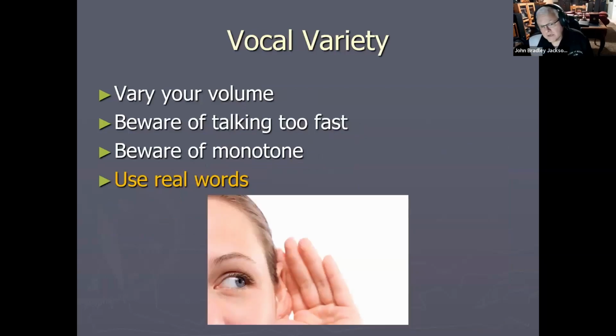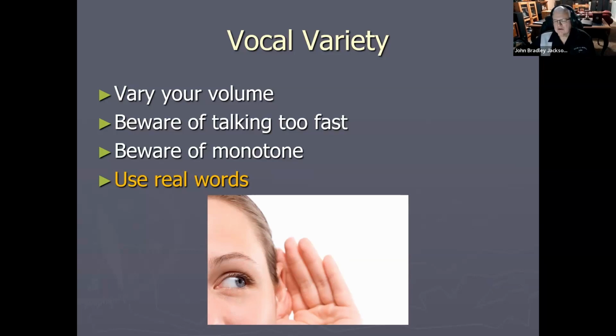And then with your voice, you want to vary the volume. You don't want to yell at them. You don't want to whisper, but you do want to change the tone. By the way, when people are nervous, many talk too fast. So you do need to slow yourself down and pause. You're under the gun time limit wise, so there's a natural tendency to want to talk fast.